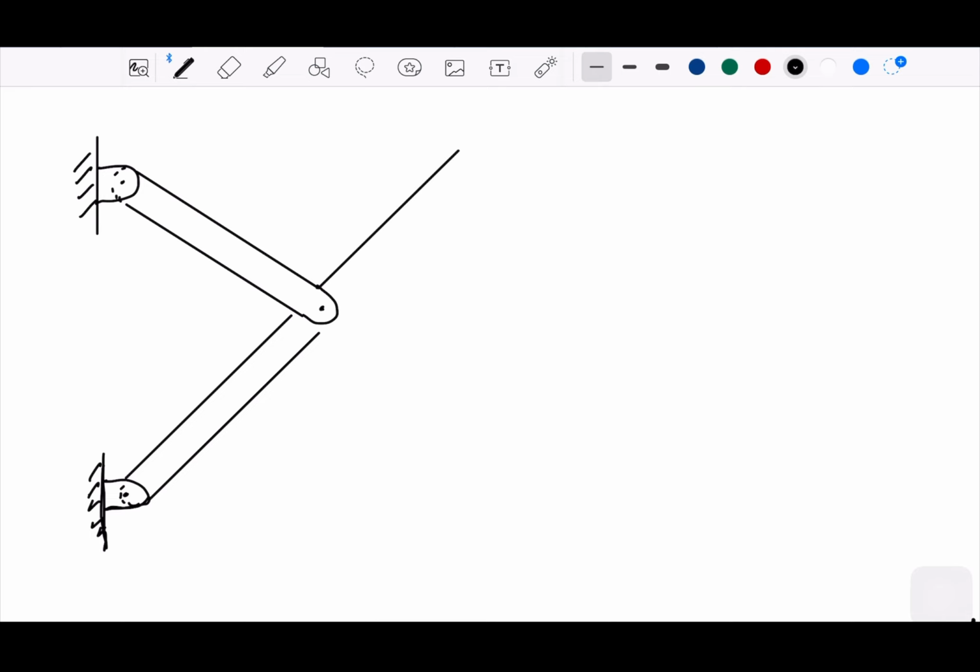So the same beam, and this is the end of the beam. Take the A, B, C, and D.